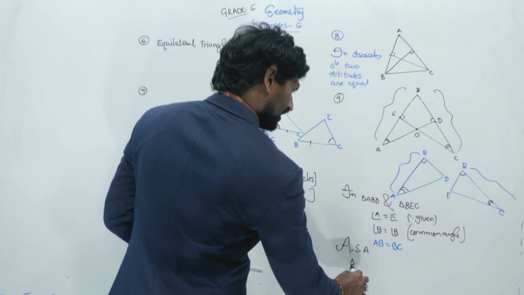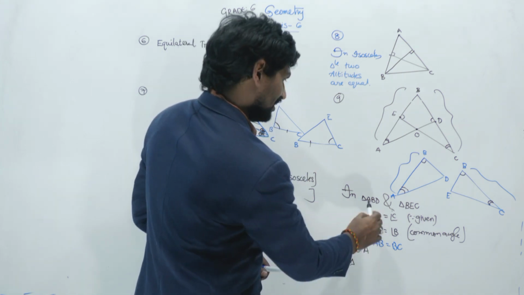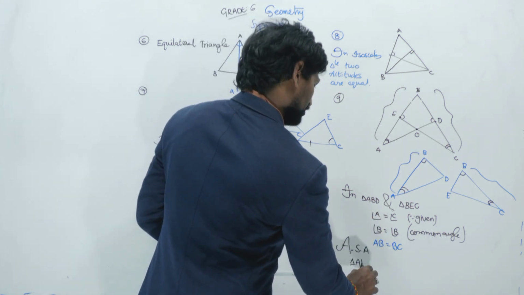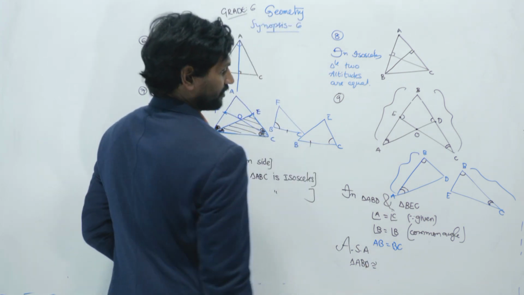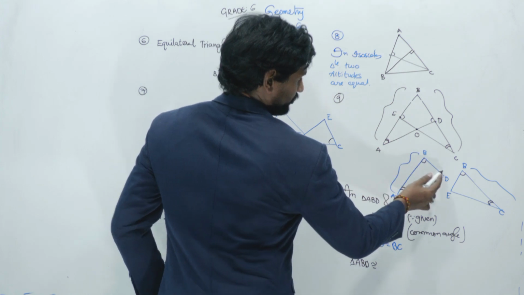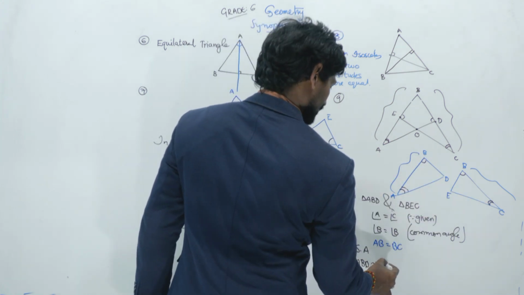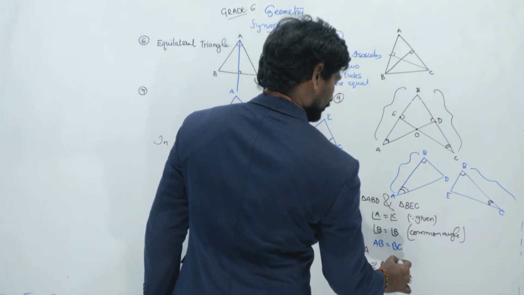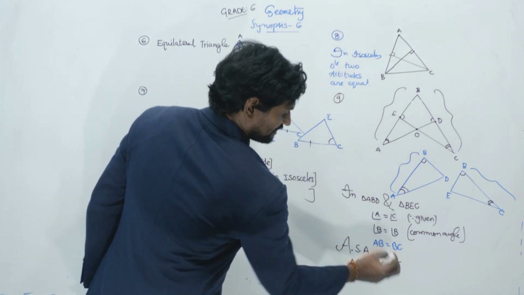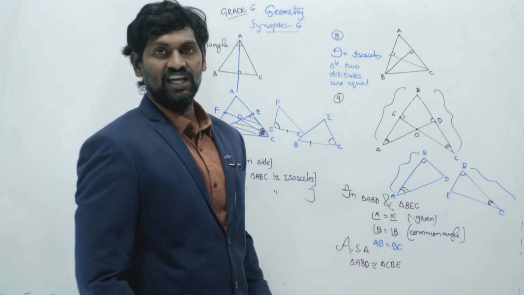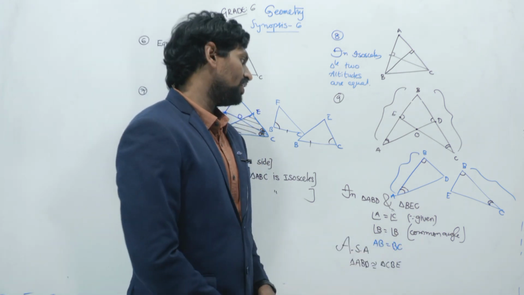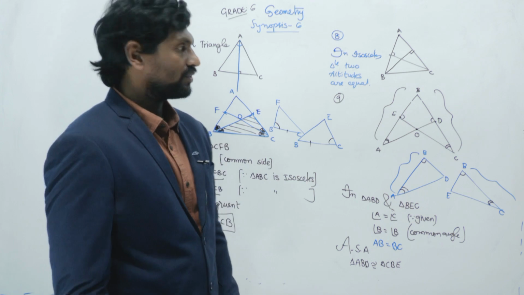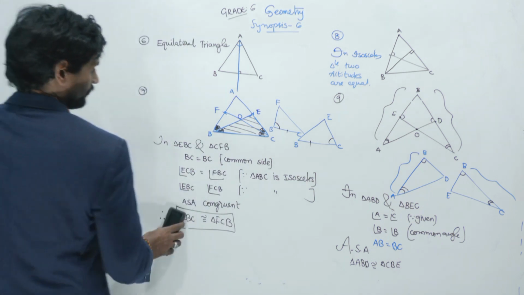That means triangle ABD is congruent to triangle CBE, because angle A and angle C are equal. So based on the angles I have written it like this. ABD and CBE are congruent. So that is our correct answer. Let us move on to the next problem.